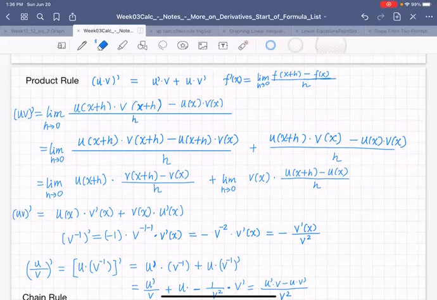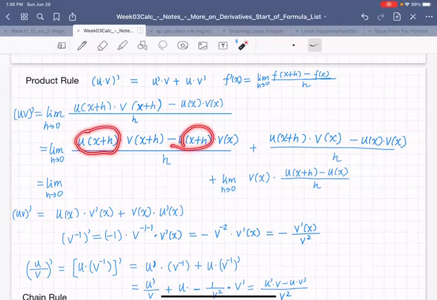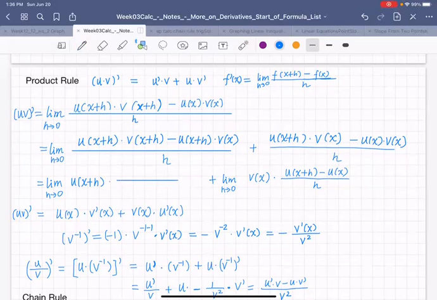We can take out this guy, u of x plus h. We put u of x plus h, and then times v of x plus h minus v of x, and then divided by h.